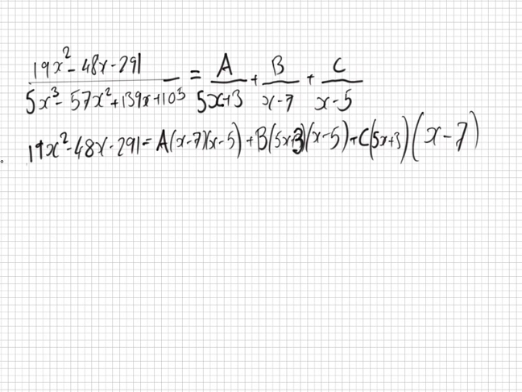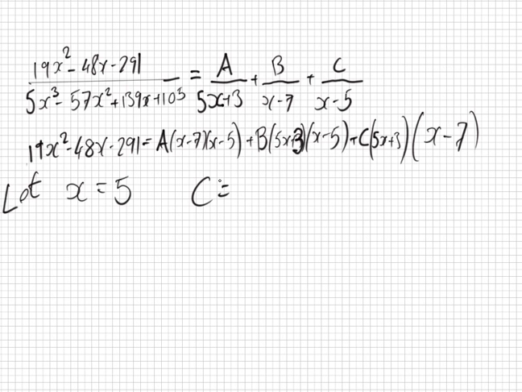Okay, so what will I do first? Let x equal 5. So that goes, and it gives us the C. Alright, let's check this now. So 5, okay. 19, you can check too. I'm putting 5 in.